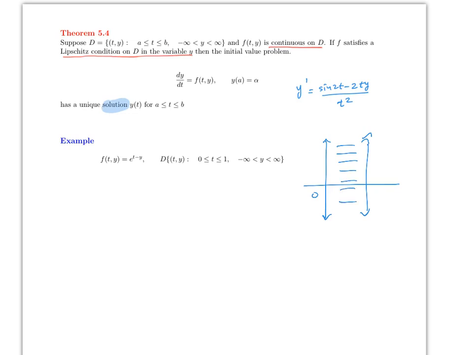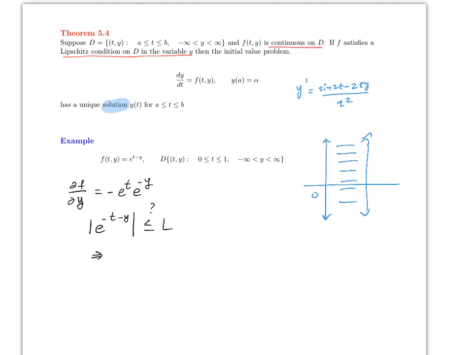If we use Theorem 5.3, the partial derivative of f with respect to y is equal to minus e to the t times e to the minus y. However, as you will see right now, if you take the absolute value of this, can you really bound this? And the answer is no, because y goes to minus infinity.